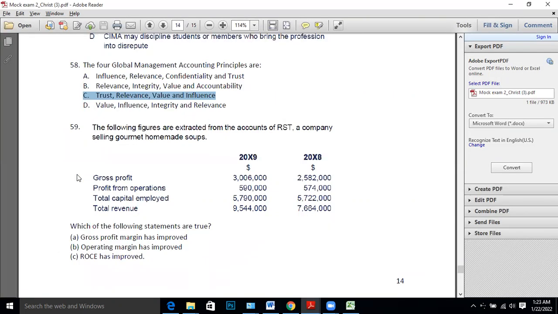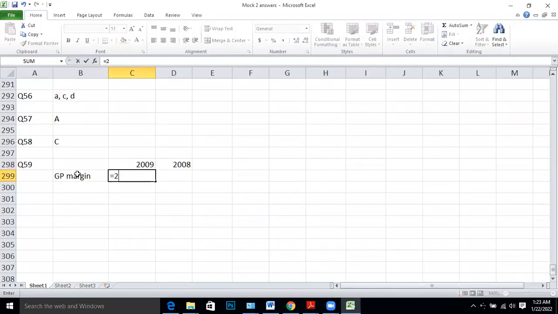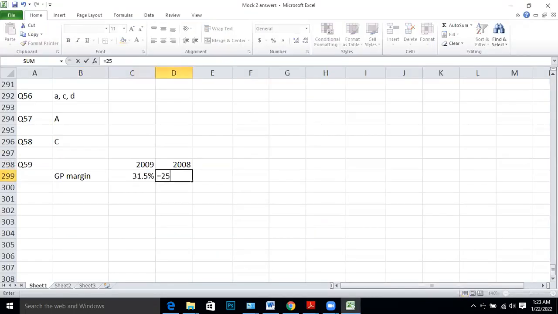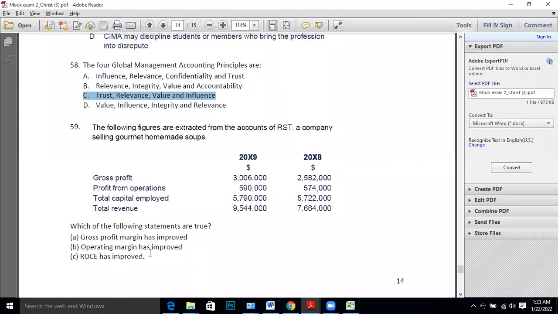Gross profit is 3006, revenue is 9544. 3006 divided by 9544 as a percentage is 31.5. 2008 is 30. So GP margin has dropped from 2008 to 2009. It has not increased. Statement 1 is wrong.